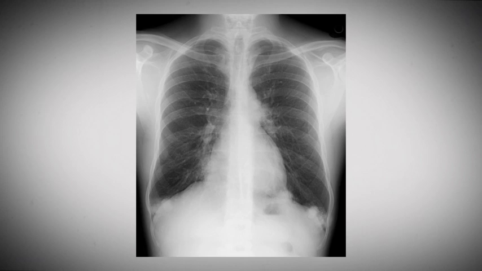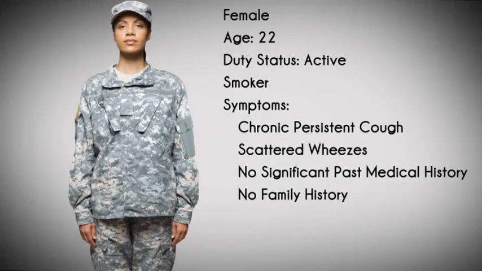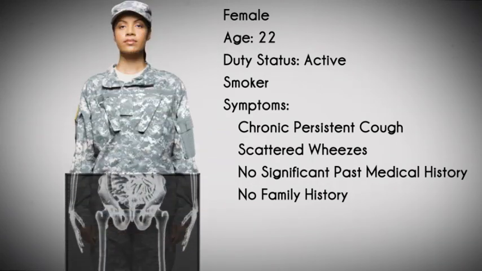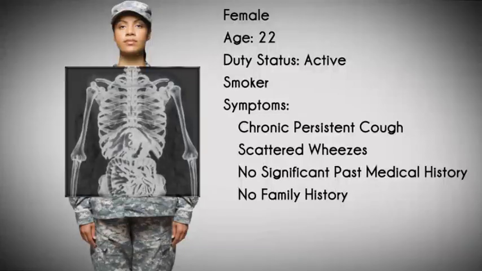This first case example is a 22-year-old active-duty woman smoker with chronic persistent cough and scattered wheezes. She has no other significant past medical history or family history.